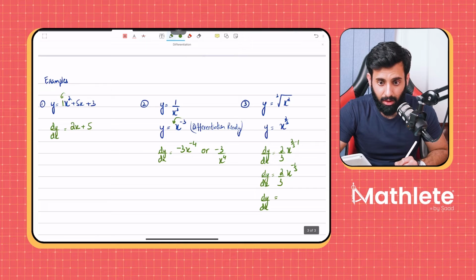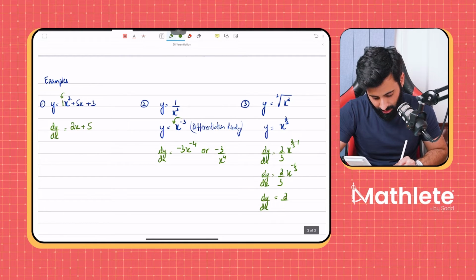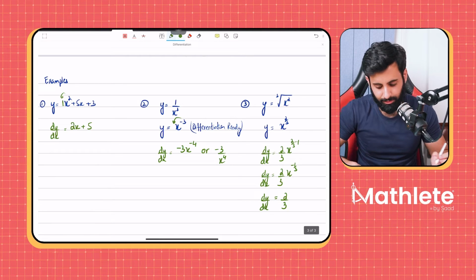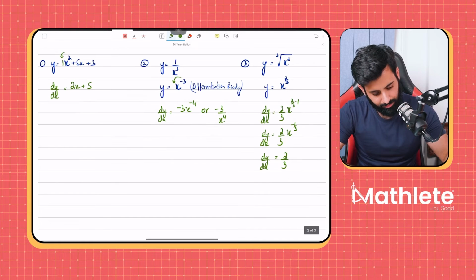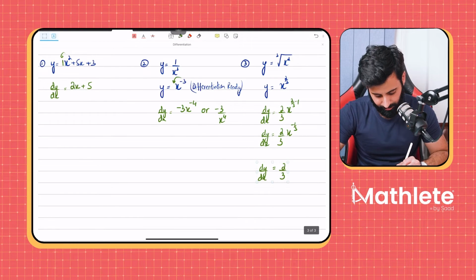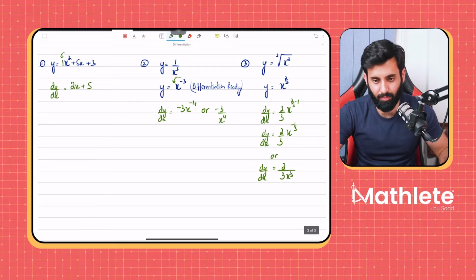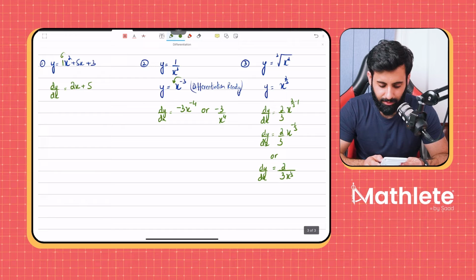How will you differentiate it directly using your calculator? Okay, you know what that key is for?